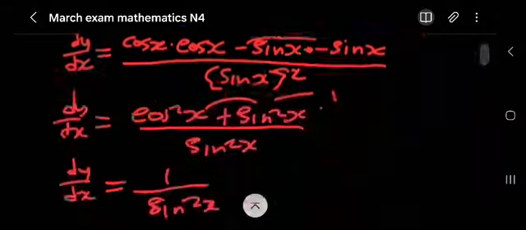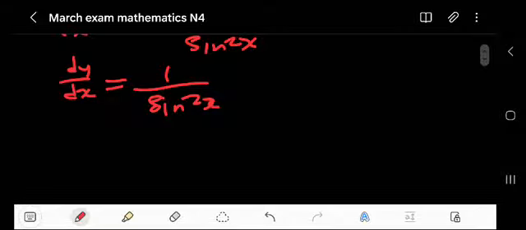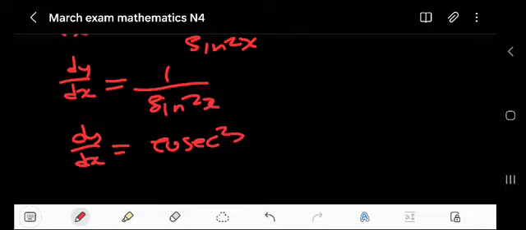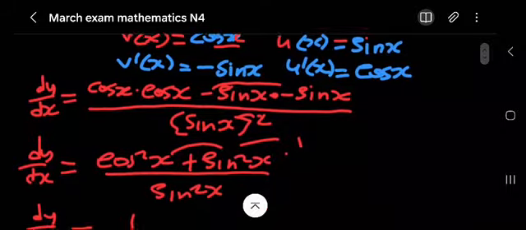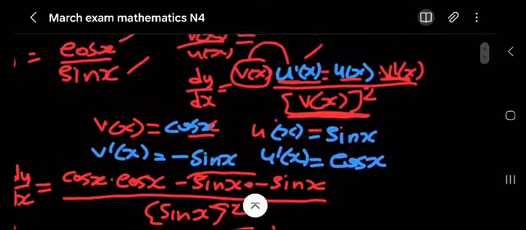This would give dy over dx as cosecant squared x, but we're supposed to have a negative here. Let me check where I made the mistake.